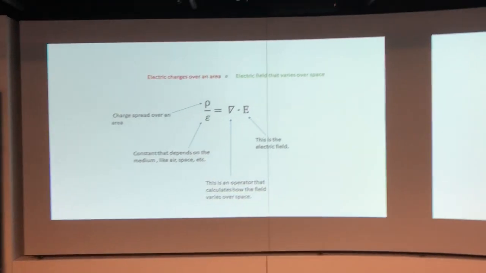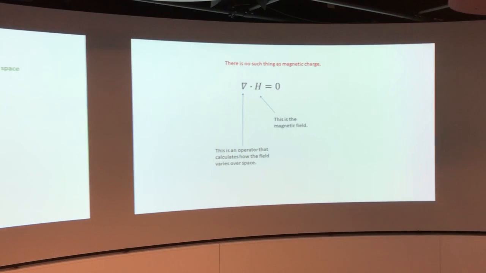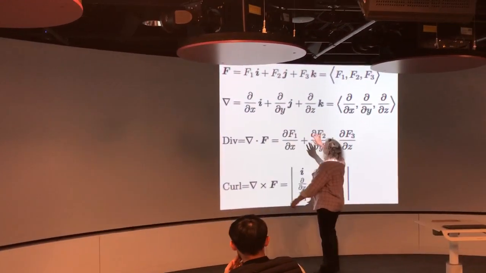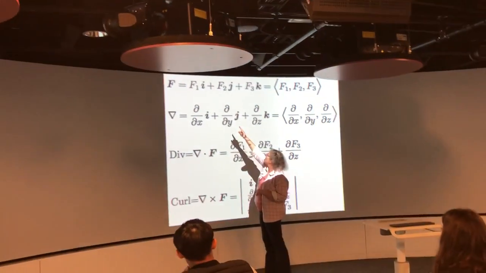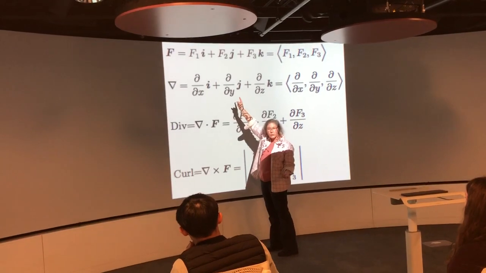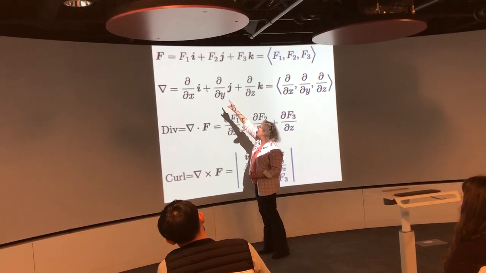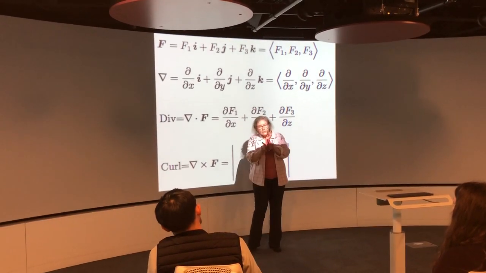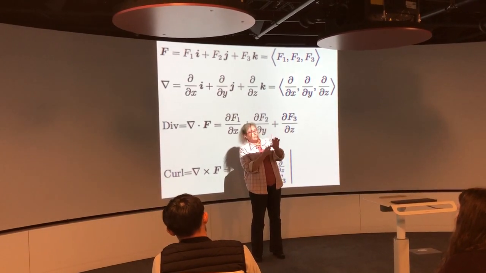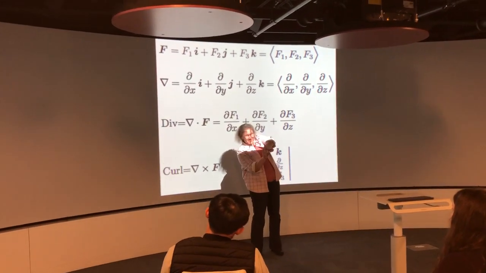So this is the math. This is just the nomenclature. They're saying take this function f, and we're going to define it as a three-dimensional vector function. And i hat, j hat, and k hat are the three directions.